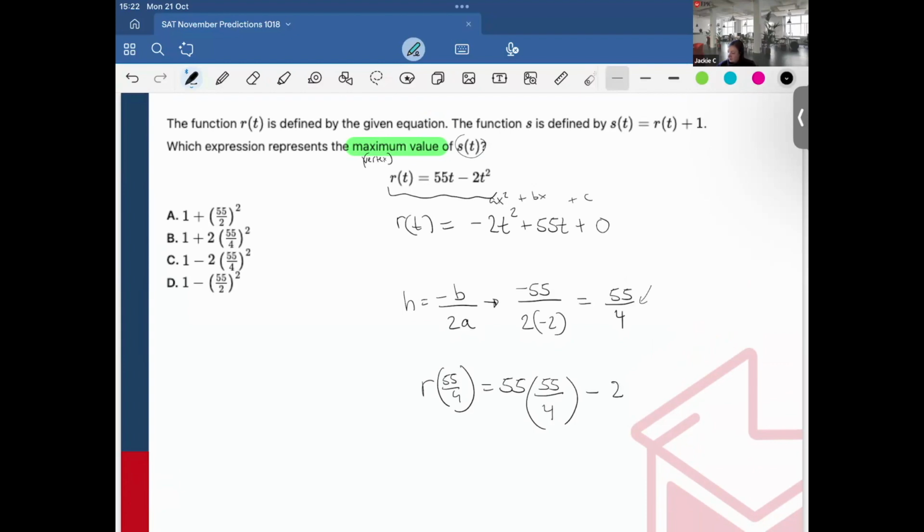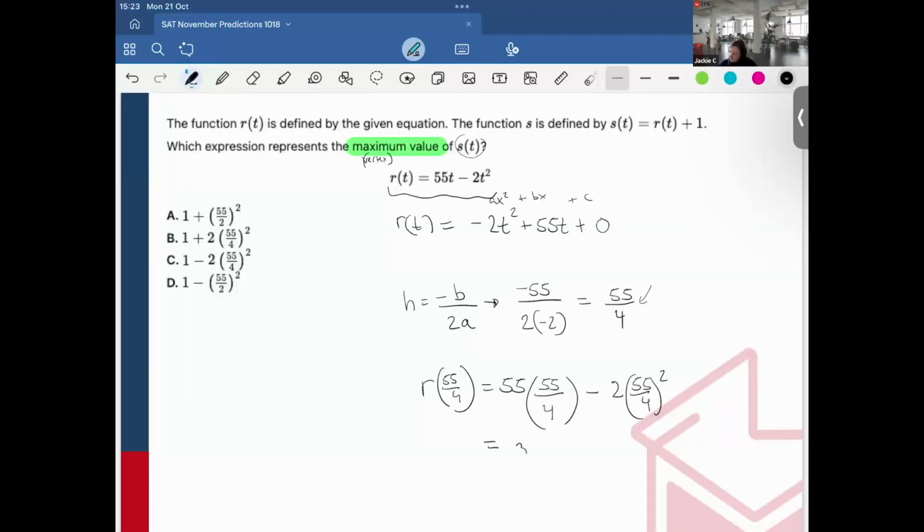And then minus 2 times 55 fourths squared. And let's see what that gives us. So this would be 3025 over 4 minus, again, 2 multiplied by 3025, distributing to the top and the bottom, so over 16.